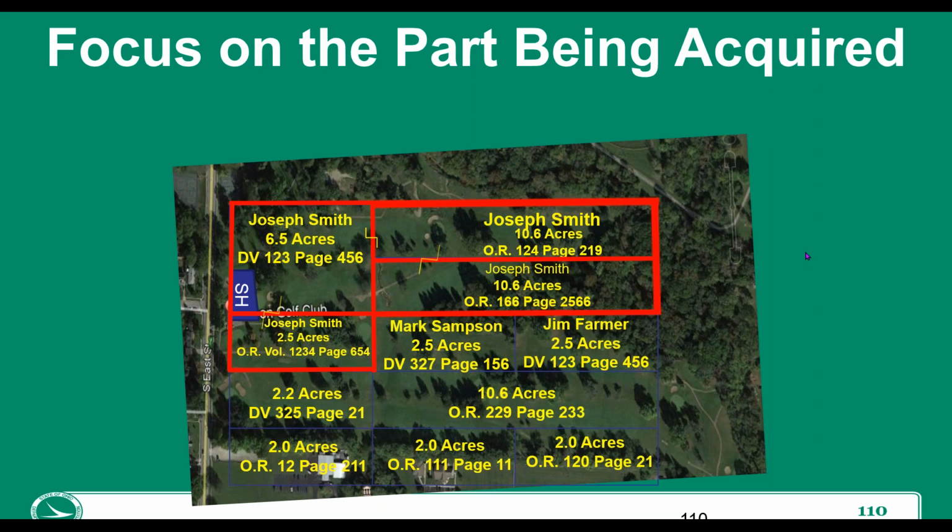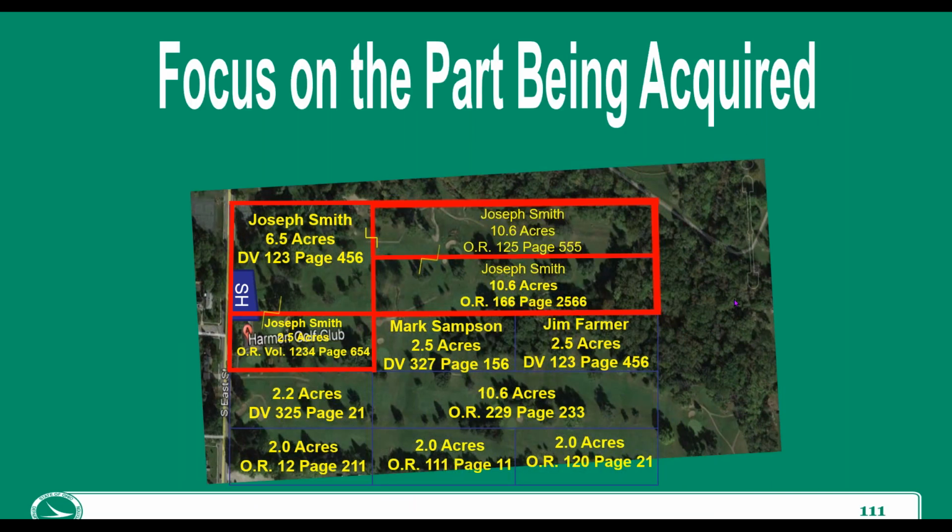So what do we want to look at when we go to research? We have these two up front. We see our SH goes in between them, covers just a little bit of the 2.5, and doesn't hit the 10.6 or the other 10.6 that he bought at two different times.